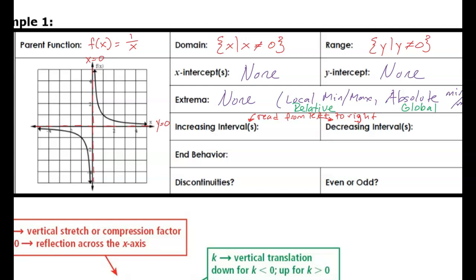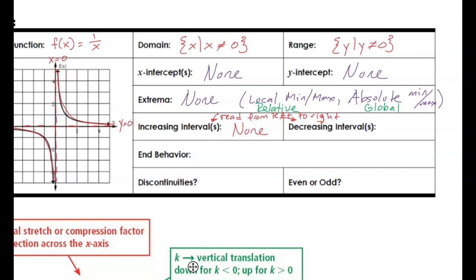So reading from left to right, we are always going down. We're always decreasing. So there is no increasing. But what are our decreasing intervals? Good. Now, increasing and decreasing intervals, you do always need to write these in interval notation because they are intervals.